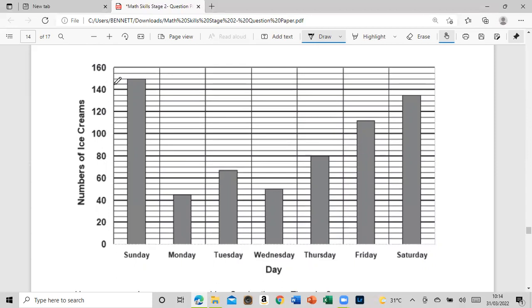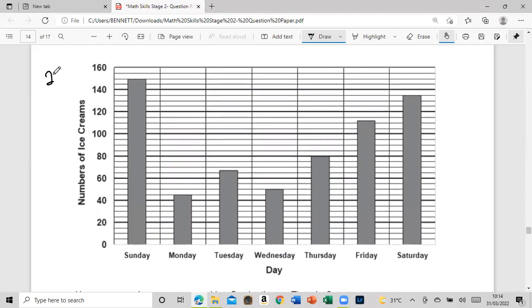The total between the two bars is 20. How many bars is that? 1, 2, 3, 4. So one bar represents 5. So on Sunday it's 150.